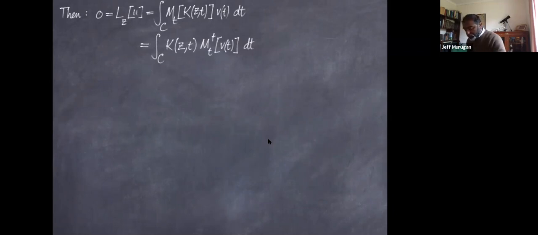But this is not all, because whenever I do an integration by parts, I will always end up with some boundary contribution, which I'm going to call Q of K and V. And this thing is always evaluated on the boundary of the curve, which, following standard convention, we denote by partial C. Are we clear?